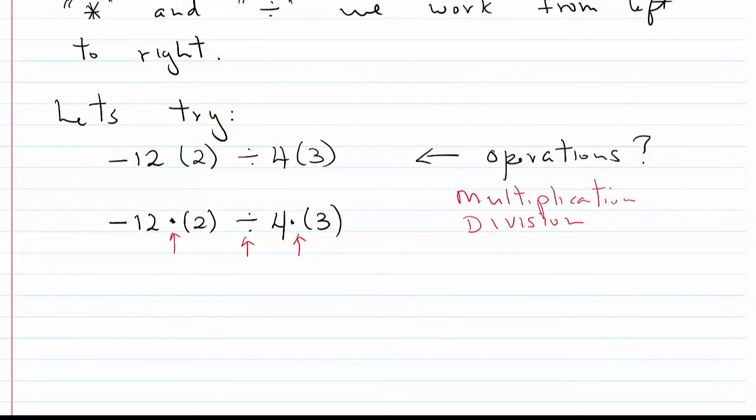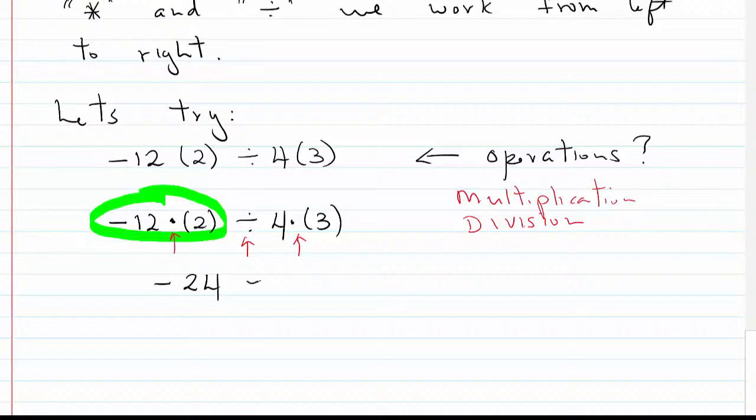So what we'll do first is work left to right. The first thing I'm going to do is these two. And if the signs are different, my answer will be negative. So negative 12 times 2 becomes negative 24. I bring down the division and my 4 times 3.